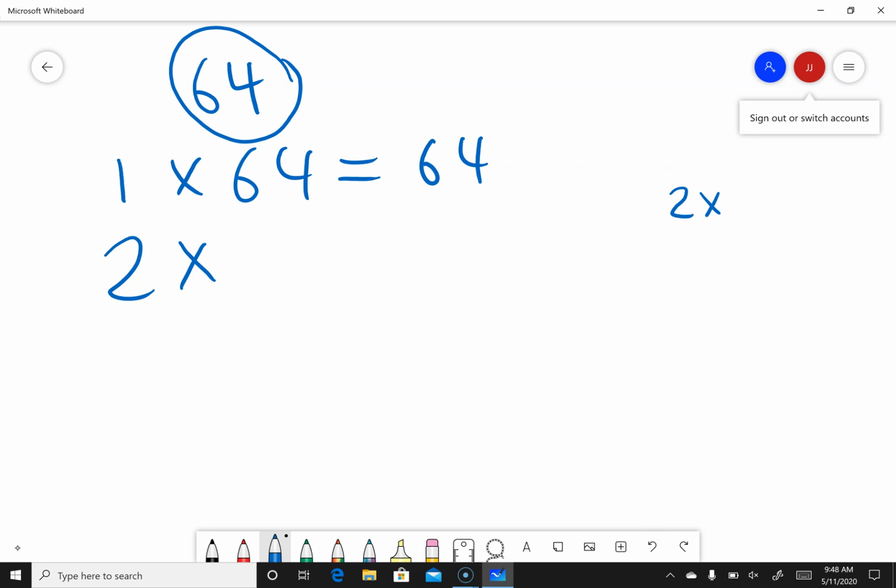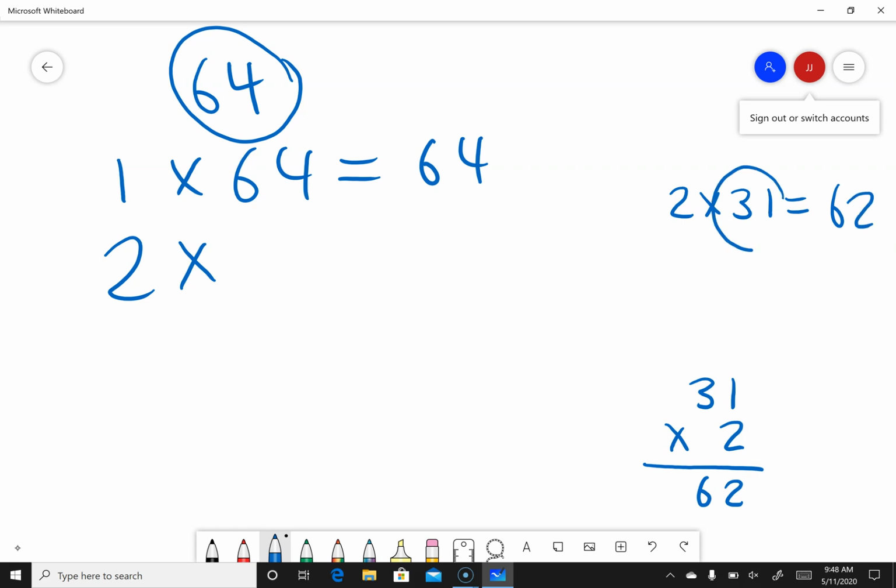What could it be? How about 31? I'm going to need to multiply here. Let's try this out. 31 times 2. 1 times 2 is 2. 3 times 2 is 6. Oh, 62. 62 is not 64. So I need to find a number that's bigger than 31. Okay, let's try this out here.